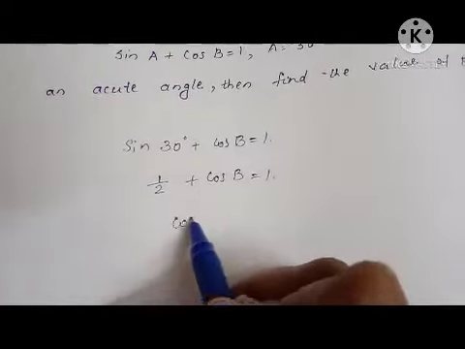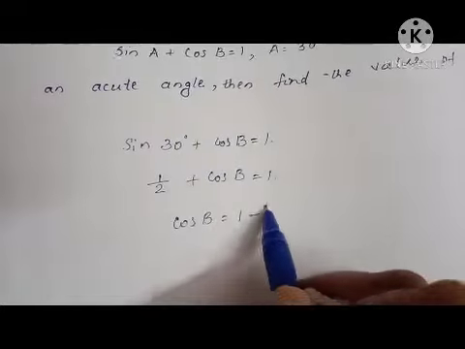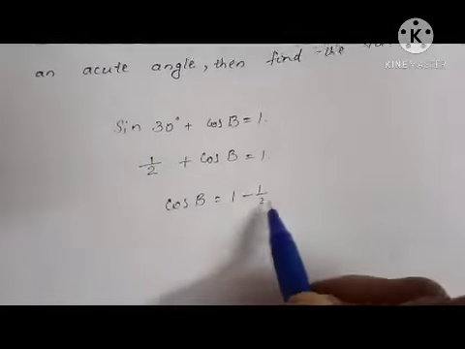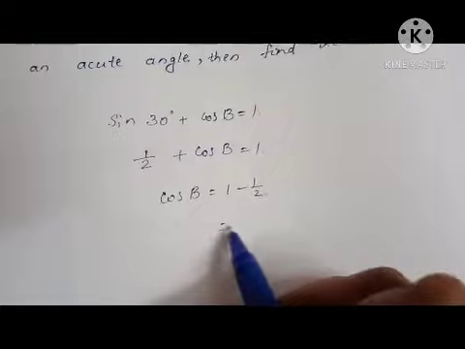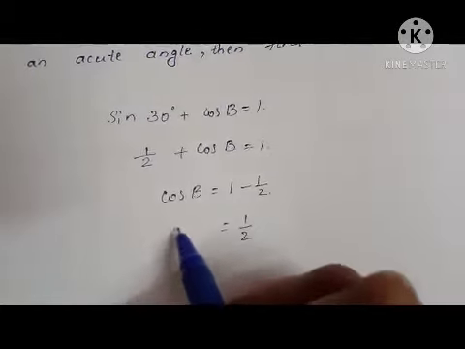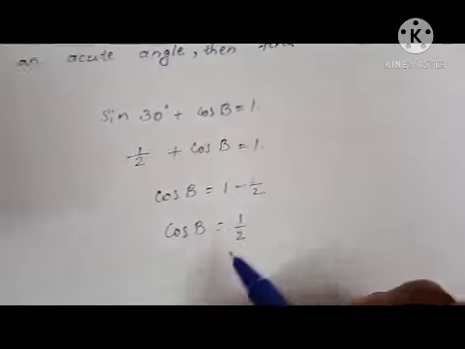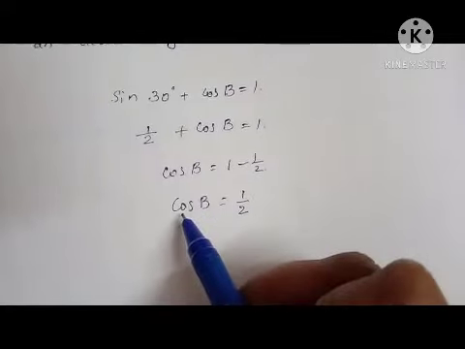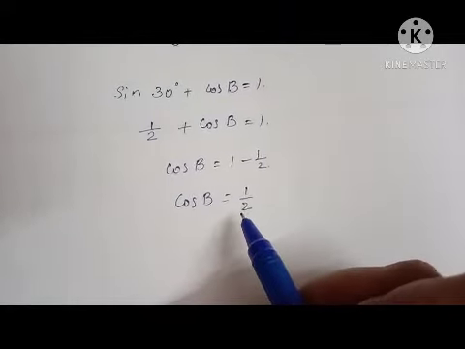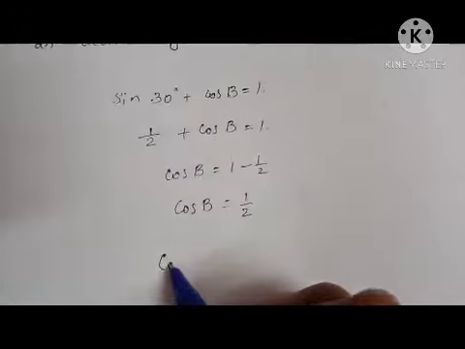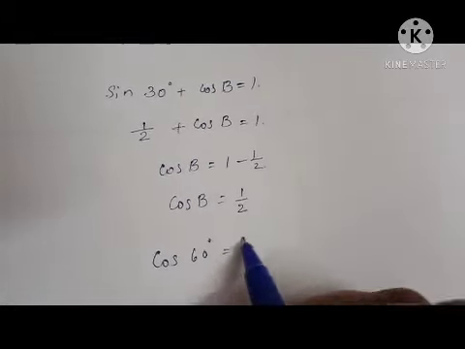Then cos B equal, we have to transpose half to RHS. Then it becomes minus half. So 1 minus half is what? Half. So cos B equal half. Which angle's cos value is 1 by 2? Cos 60 is 1 by 2.